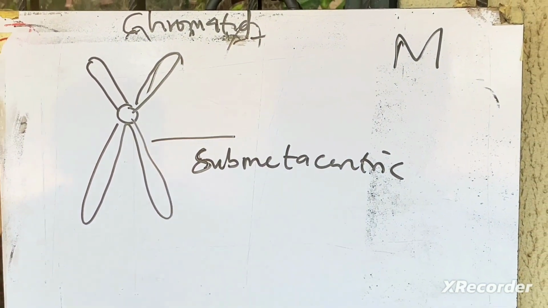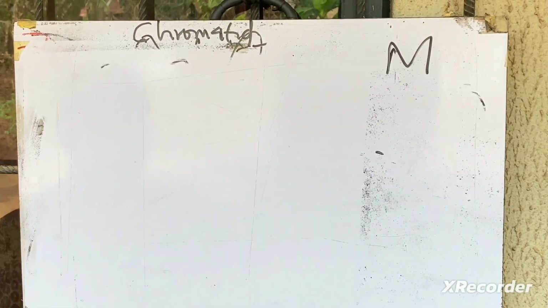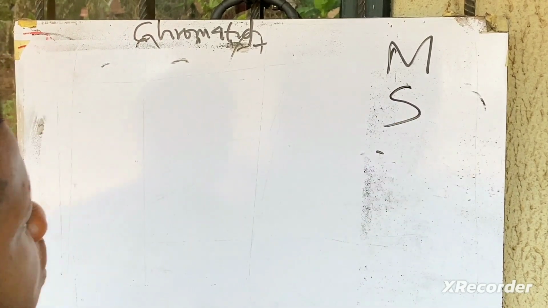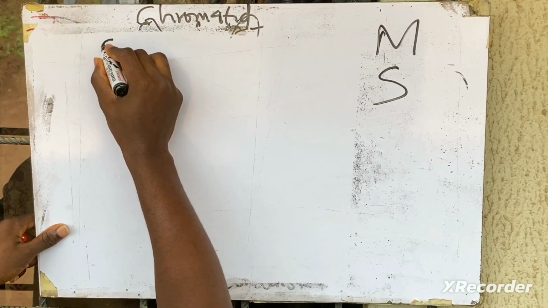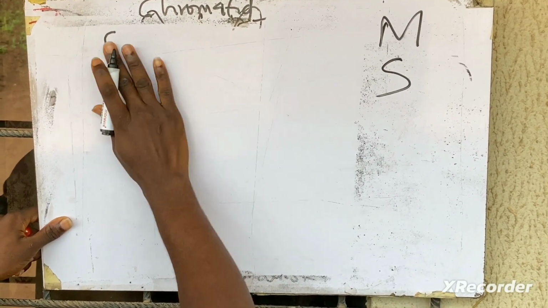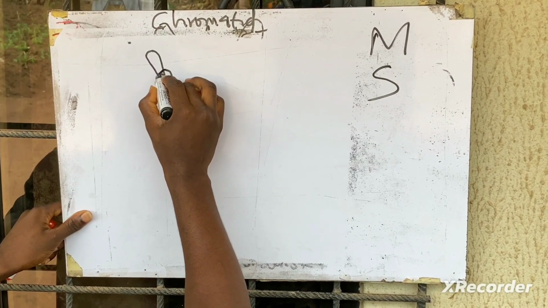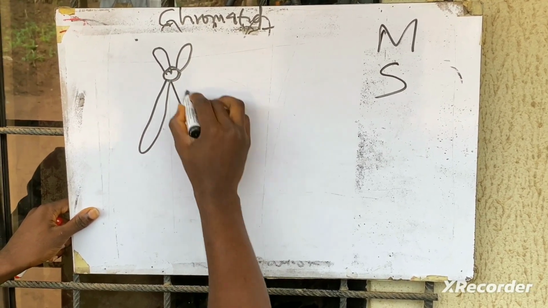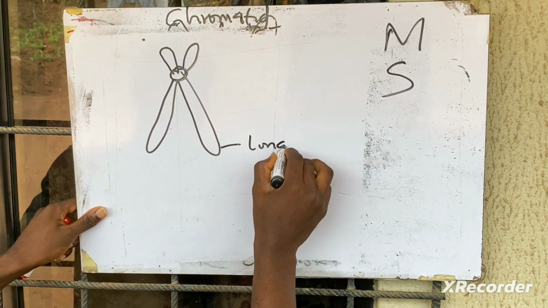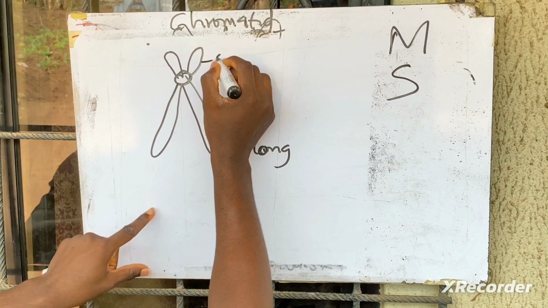Then we have the next chromosome, the acrocentric. This is when the centromere is almost at the peak. As you can see, this long arm is seen very well. It's very long compared to the short arm here.